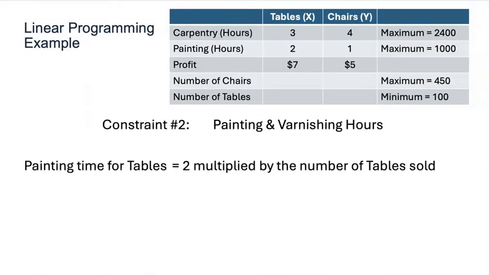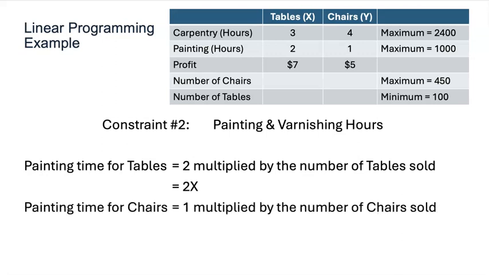Second one, painting and varnishing. The painting time for tables is 2 multiplied by the number of tables. So that's just 2x. For chairs, it's 1 multiplied by the number of chairs, which is 1y. So the total painting time is 2x plus 1y.